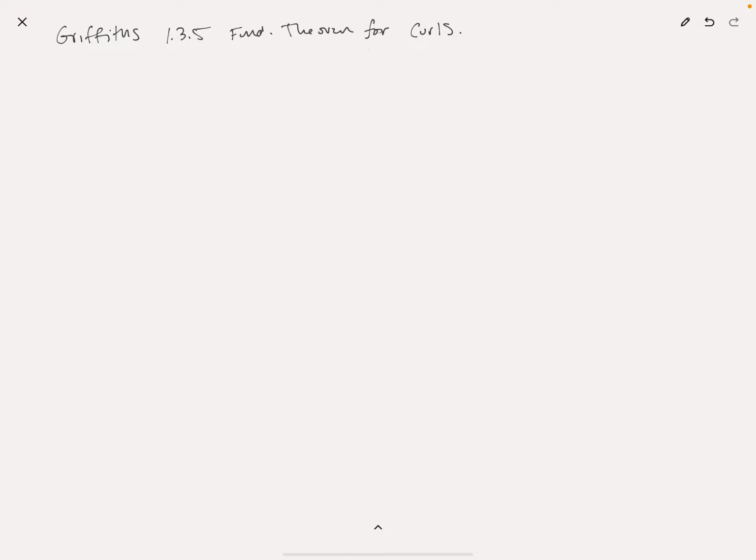This is about Griffiths 1.3.5, talking about the fundamental theorem for curls. Just like gradients and divergences, there's also a fundamental theorem for curls.